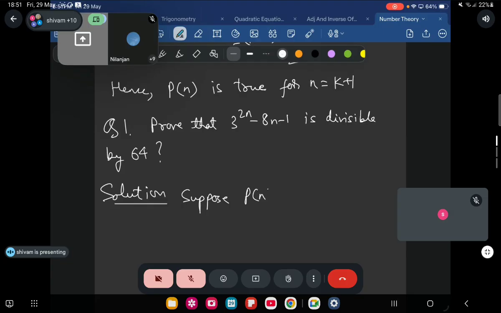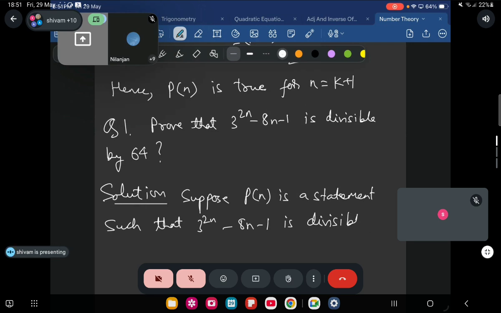Suppose Pn is a statement such that 3 to the power 2n minus 8n minus 1 is divisible by 64.